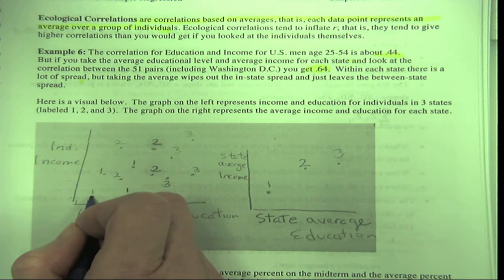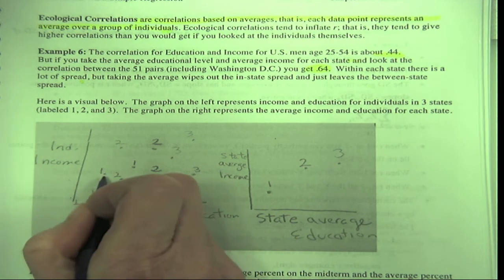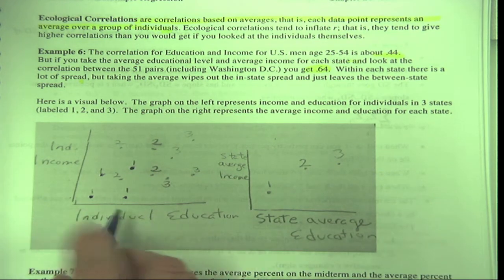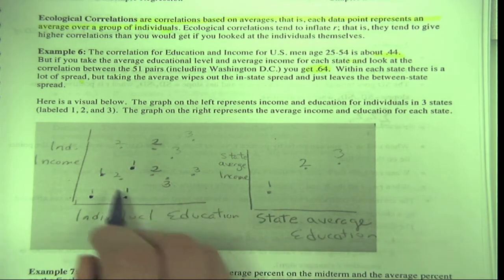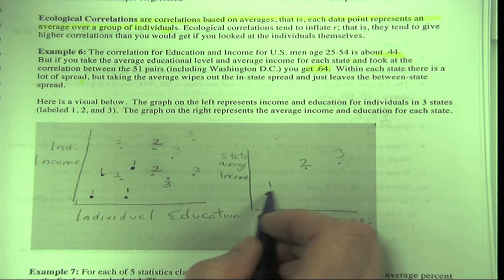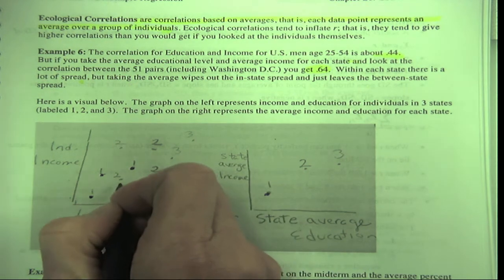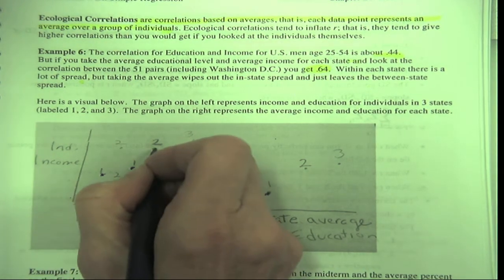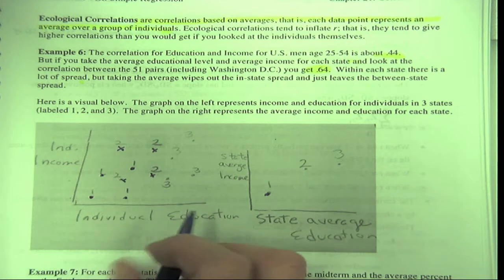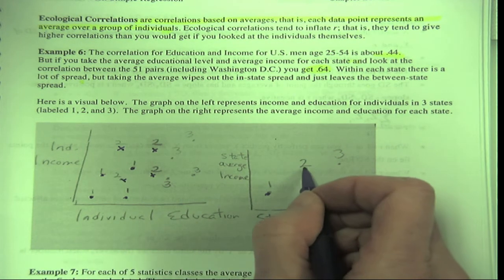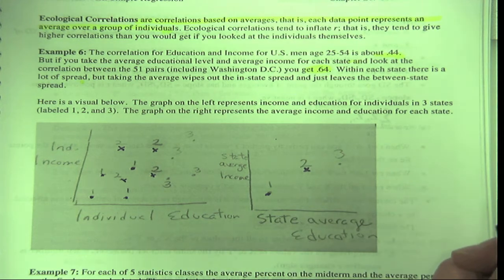So let's say here's 4 people in state 1, and then you take their average education and their average income and you get 1 point right there. Now let's do the same with 2. So now there's 1, 2, 3, 4 people in state 2 here, and here you condense them into 1 point.